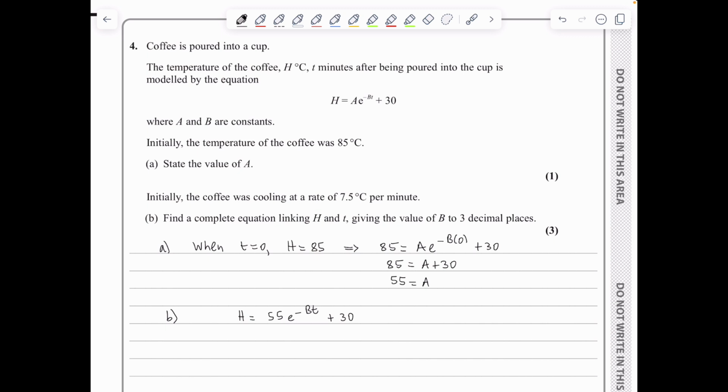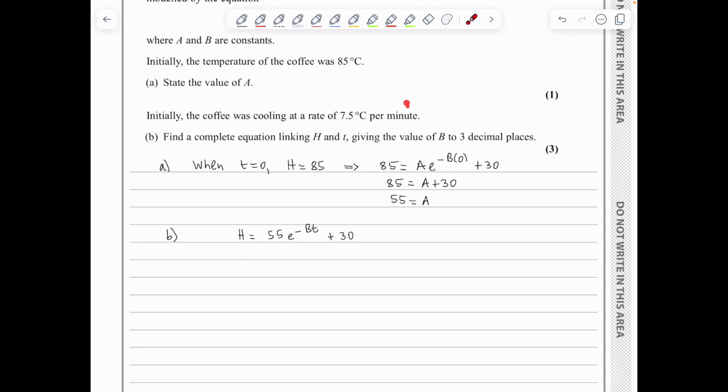So since we are told that we are cooling at a rate of 7.5 degrees Celsius per minute, this means we need to look at the derivative. So we've got dH/dt is equal to 55 times the negative b, which is the derivative of the exponent here, e to the minus bt, plus 30. So this is minus 55b e to the negative bt plus 30.